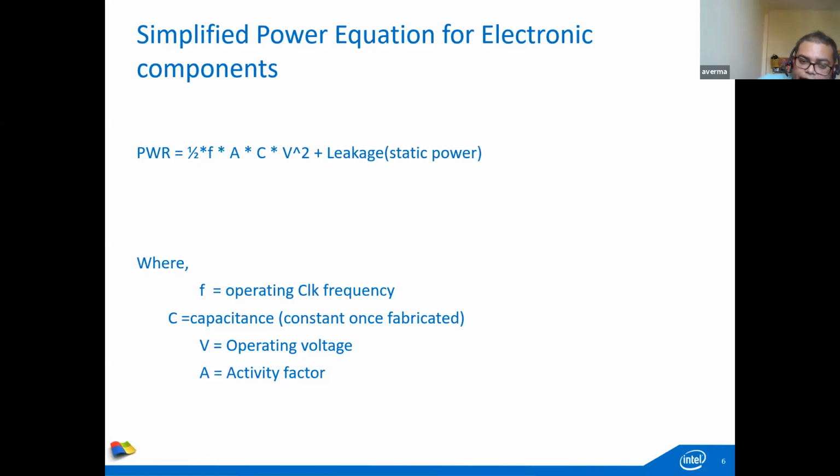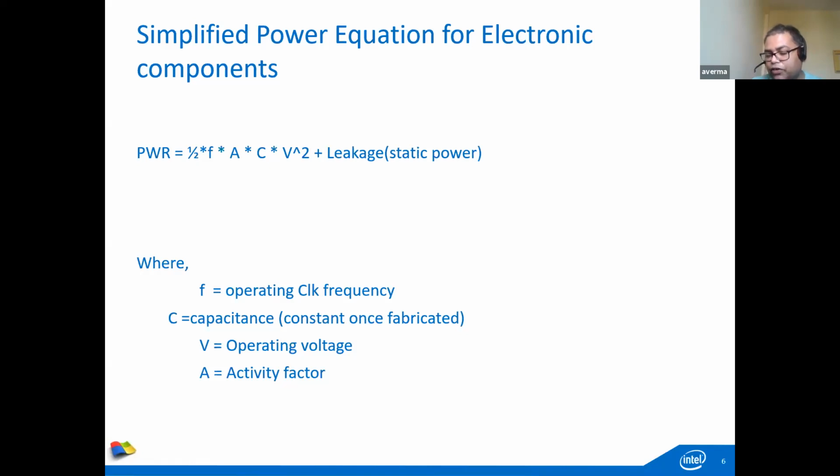When you are operating at 2 gigahertz, the requirement may be only 0.8 volt. So whenever you need to run at 4 gigahertz and the voltage requirement is 1 volt, first you need to increase the voltage to 1 volt and then increase the frequency to 4 gigahertz. So voltage needs to be increased first, and then the frequency will increase.